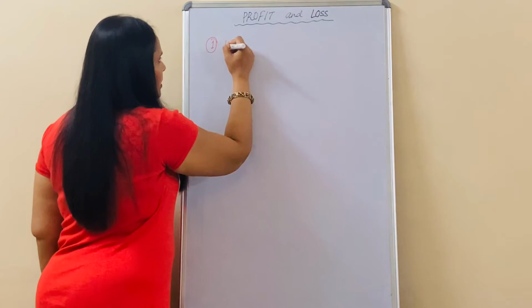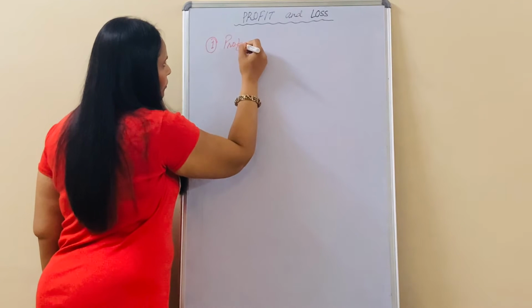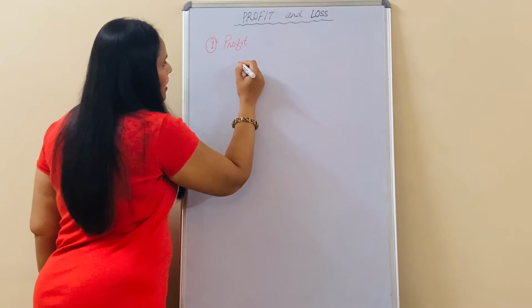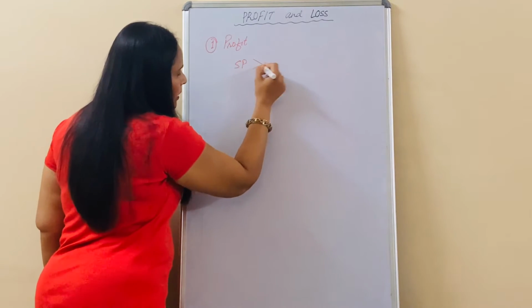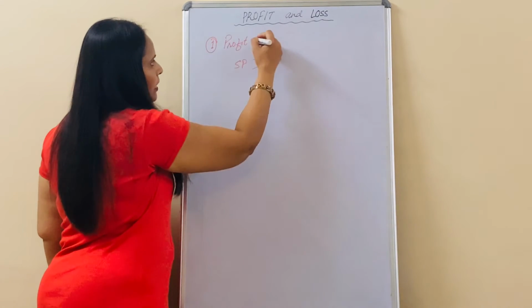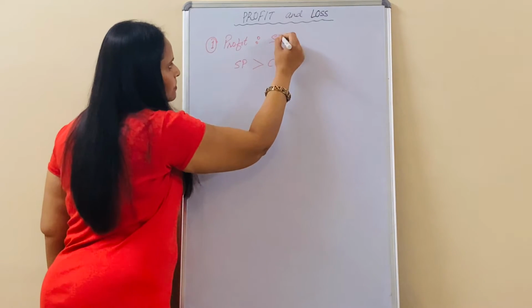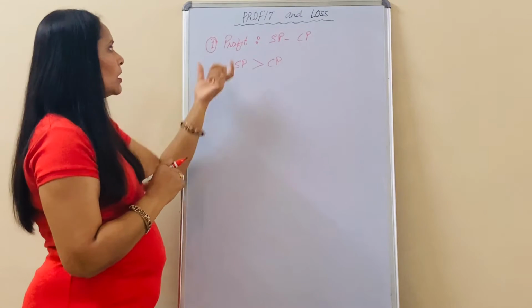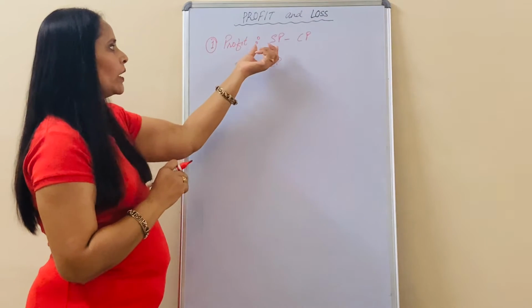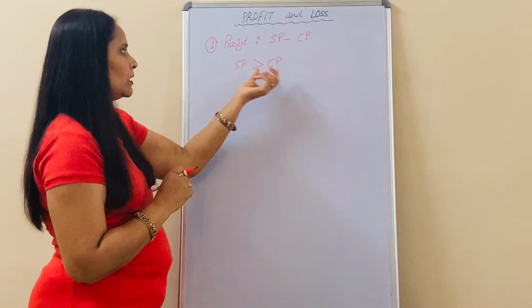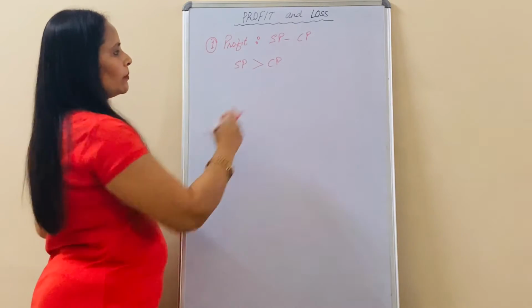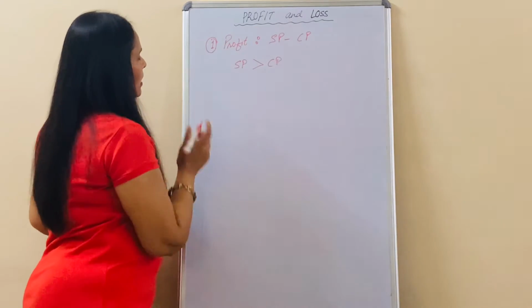Then what is the profit? Profit is always when selling price is greater than cost price, and it is calculated as SP minus CP. A dealer experiences a profit when SP is greater than CP. So the profit can be calculated by subtracting CP from the SP.